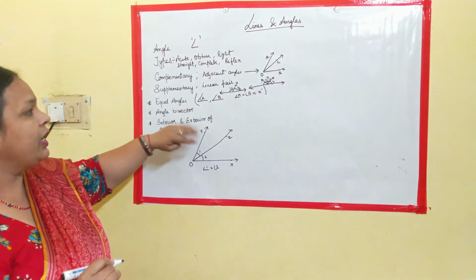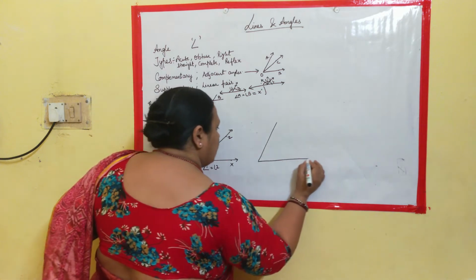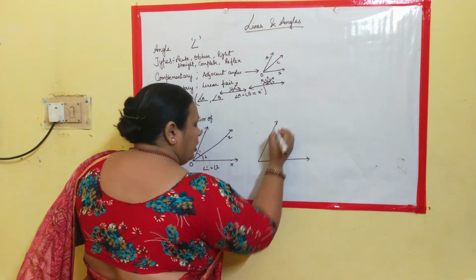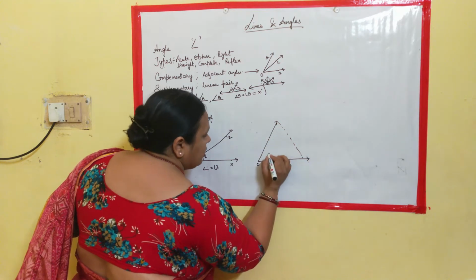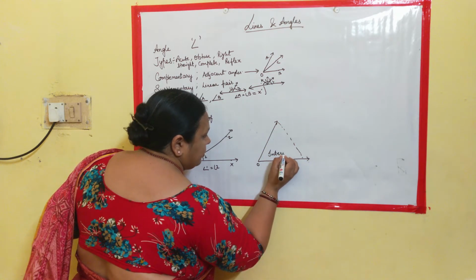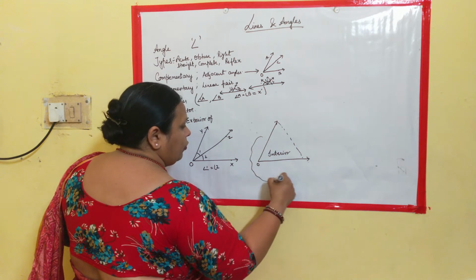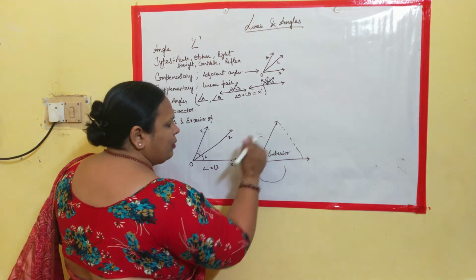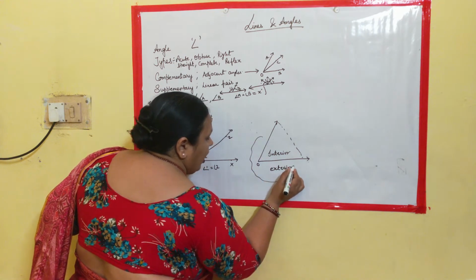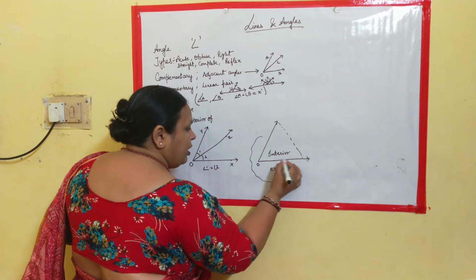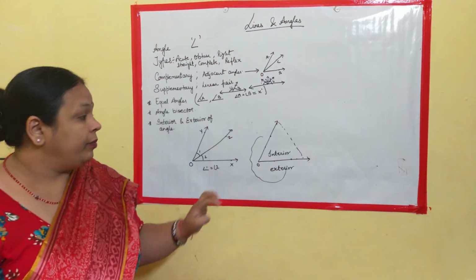Now, interior and exterior of an angle, a very old concept. The region between the arms is the interior. Whatever is except the interior is the exterior. If something is on the arms, it is on the angle.